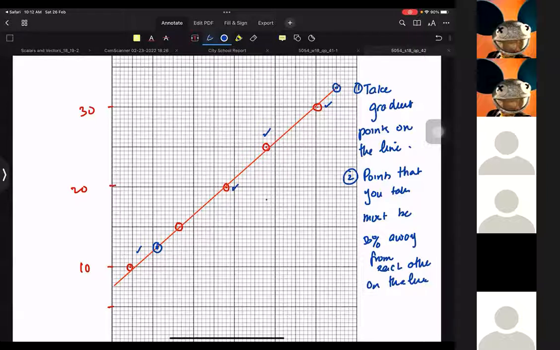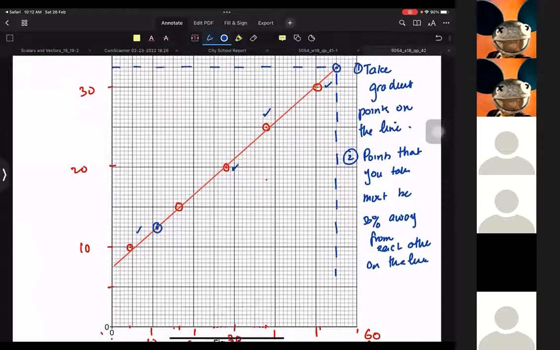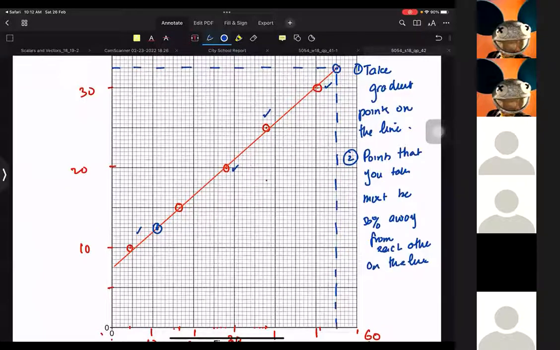Now, how do you indicate these points is that you make dotted lines. The dotted lines tell the examiner that you have taken these points on your line for the gradient. And this will be this point and this point. So you make it like this or make a triangle, whatever you want to. Now let's write these points on the line.